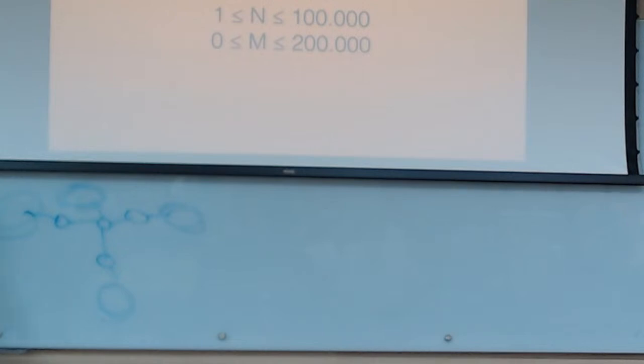But what if it's disconnected? Otherwise, all articulation points will be in every path from A to B. Find the articulation points, and then you condense every node that is between them.